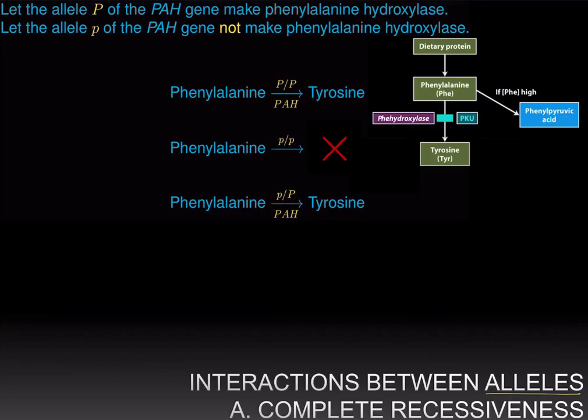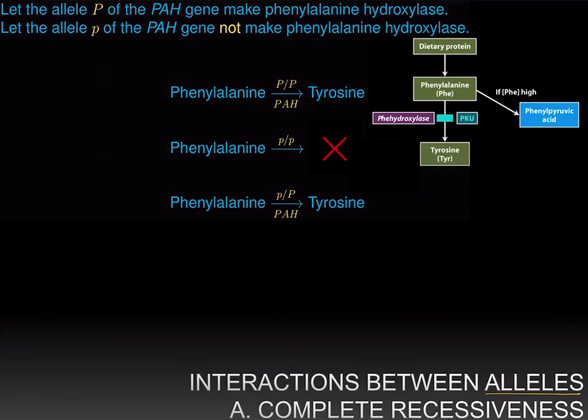But before we start discussing gene interactions, let's look at plain old recessiveness. We understand that the recessive phenotype only shows in the individual who's homozygous for the recessive allele. But what is the molecular basis of recessiveness?